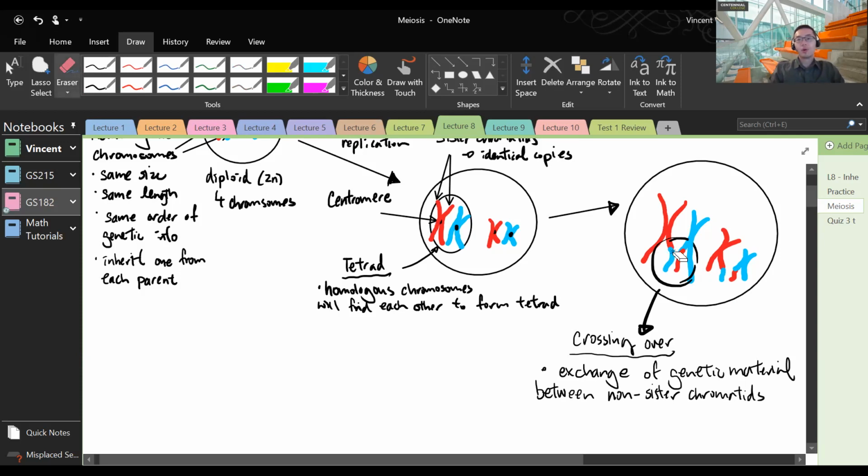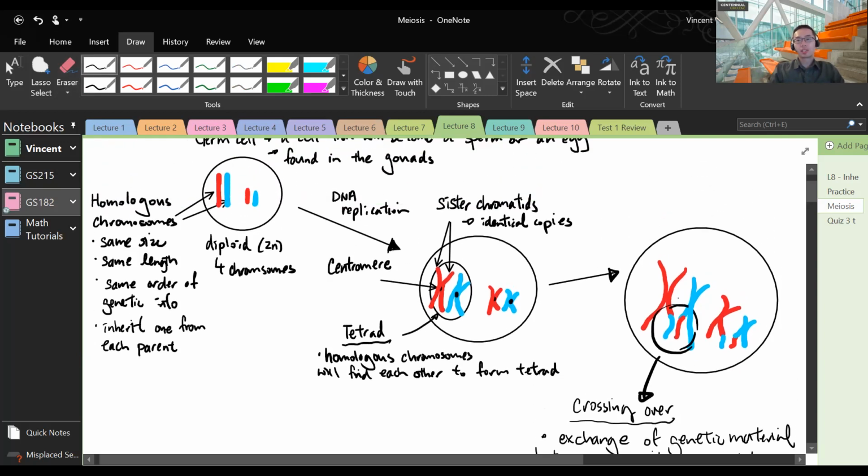So you will only be exchanging it with the non-sister chromatids. And also, it's important to know that you are only doing crossing over between the homologous chromosomes. Chromosome 1 will not be exchanging genetic material with chromosome 2. You must be exchanging genetic material with the chromosome of the same type, but between the non-sister chromatids.